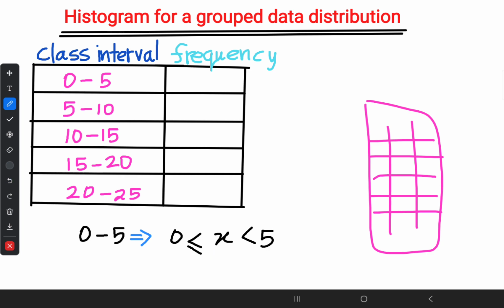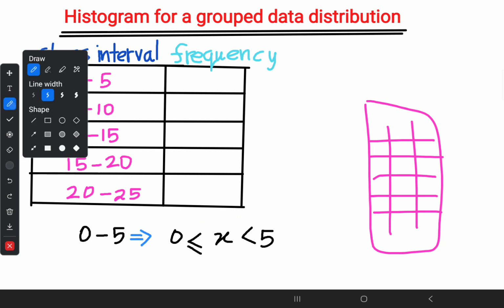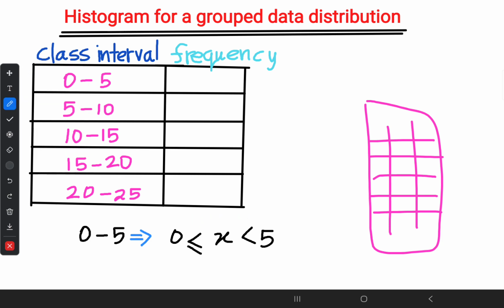The ones who are exactly 0 in age or greater than that, that means 1, 2, 3, 4, but not 5, because this range doesn't include 5. All the values equal to 0 or greater than that but less than 5. There are two conditions: equal to 0, or greater than that but less than 5. Only people of those ages belong to the first frequency.